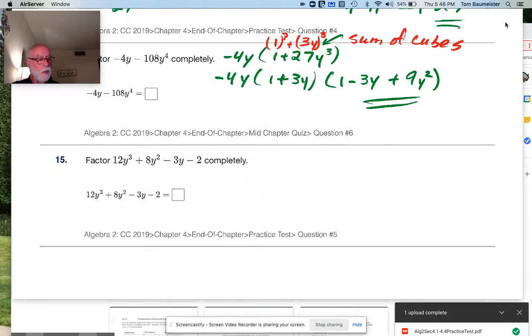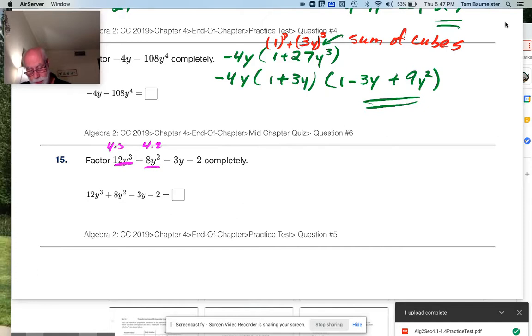And then the last one, remember on this one here, it was a special form. There's 4 terms. So when there are 4 terms, I told you to group them. So when you group them, you're going to take this one and this one together and think, what can you factor out there? So I see 12 is 4 times 3, and 8 is 4 times 2.